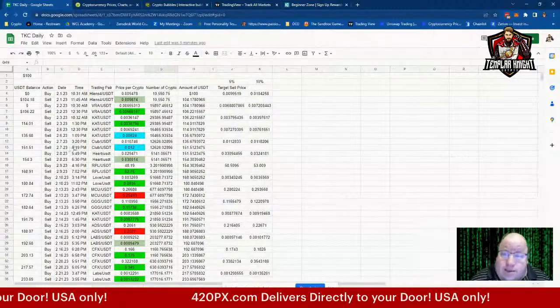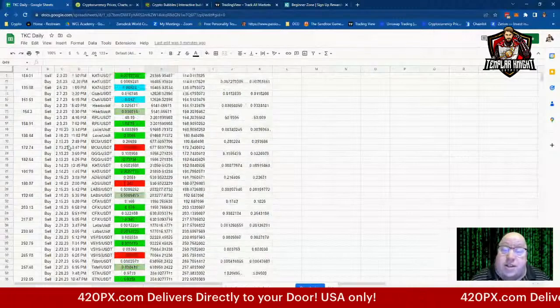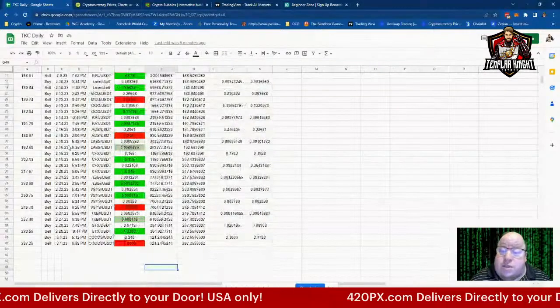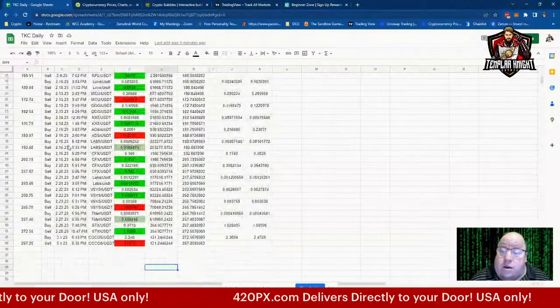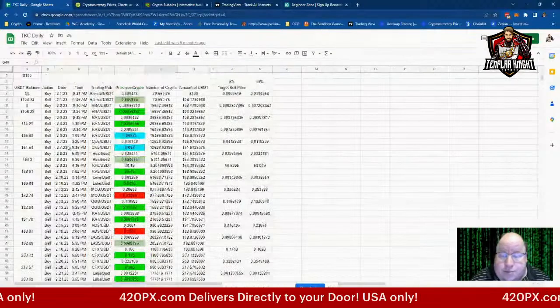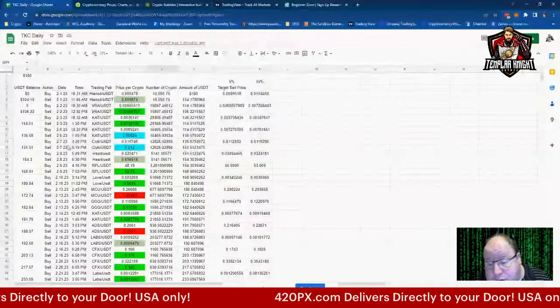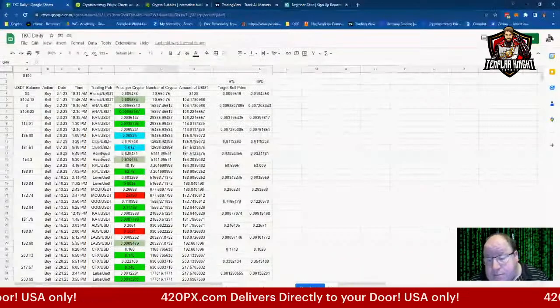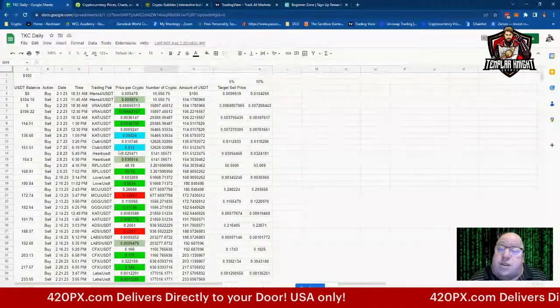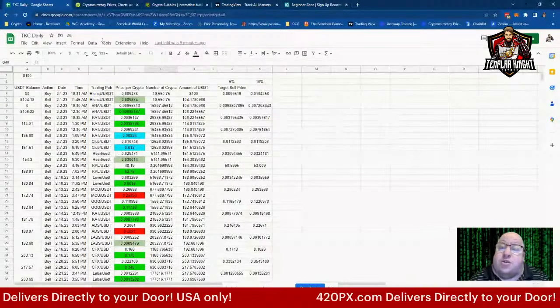Once we start making these trades on an exchange, for sure we are still going to track our buys and our sells. That's important to do. It's really just important to track everything that you're doing.